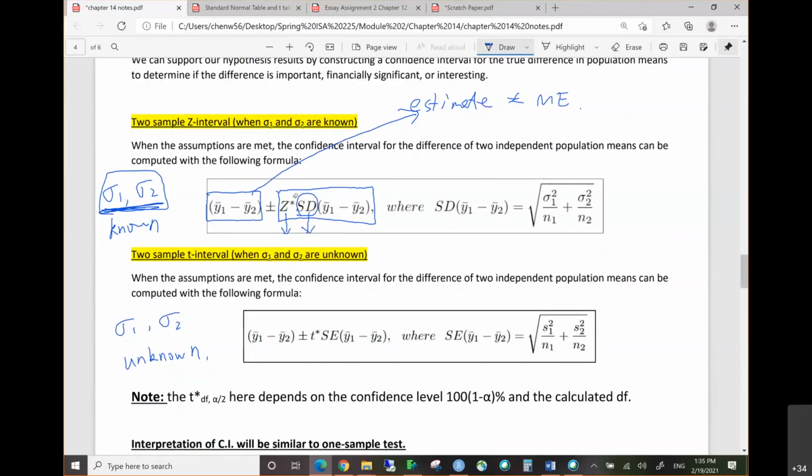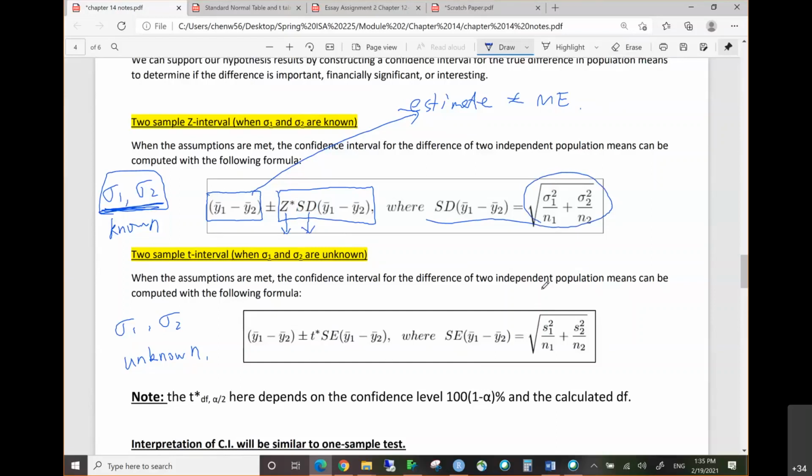All right? And then we say the standard deviation here will equal the square root of sigma 1 squared over n1 plus sigma 2 squared over n2, right?